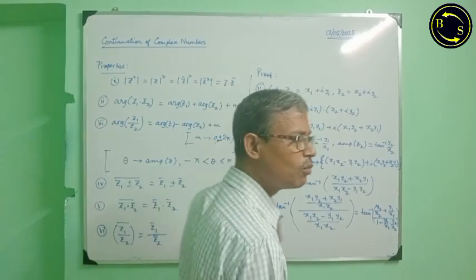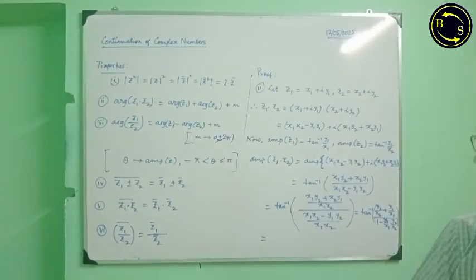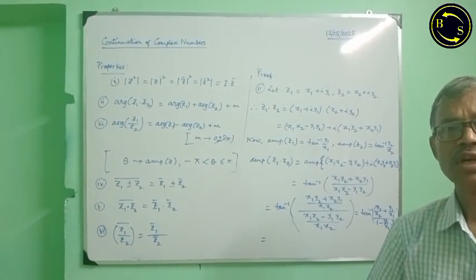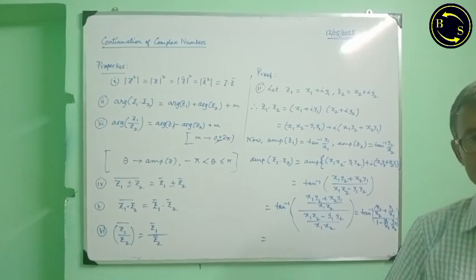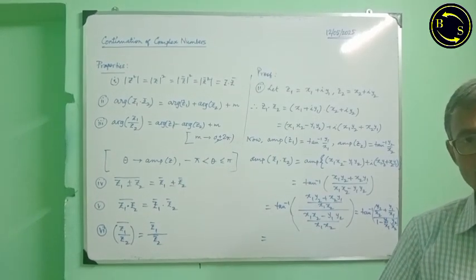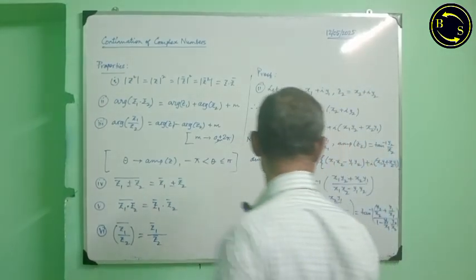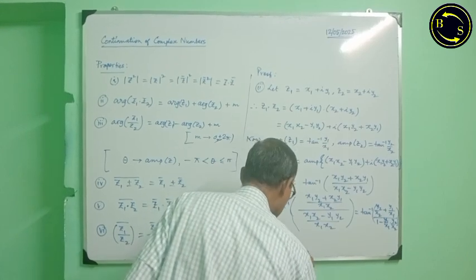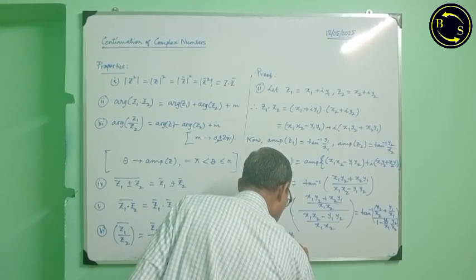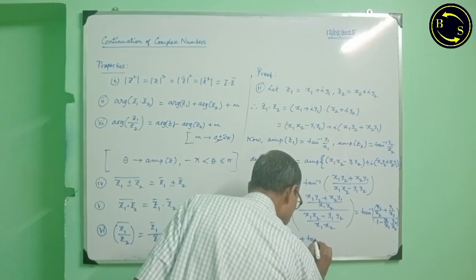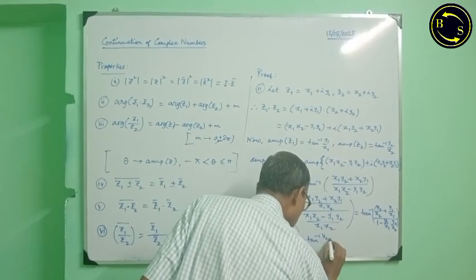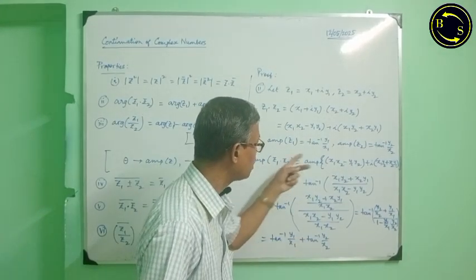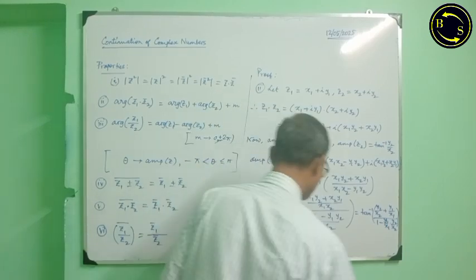According to the formula, tan inverse A plus tan inverse B is equal to tan inverse of A plus B divided by 1 minus AB. This formula you will get in class 12. I am just applying it here directly. That is equal to tan inverse y1 by x1 plus tan inverse y2 by x2, and already we have got that these are the amplitudes of z1 and z2.